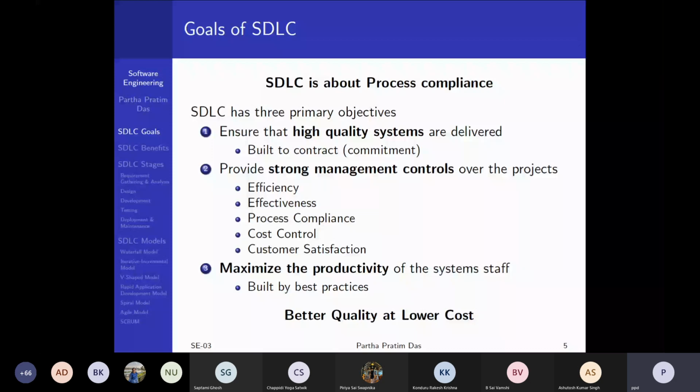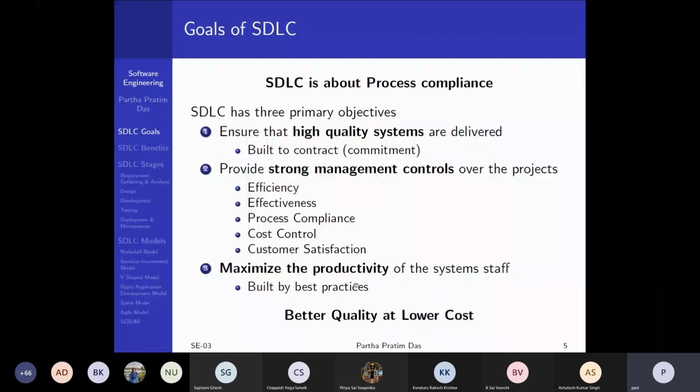These have been shown over hundreds of thousands of projects: object-oriented modeling, safe programming in languages, type safety and all those are practices which give you better quality at lesser cost. And that's what we are striving for. That's all SDLC is all about.